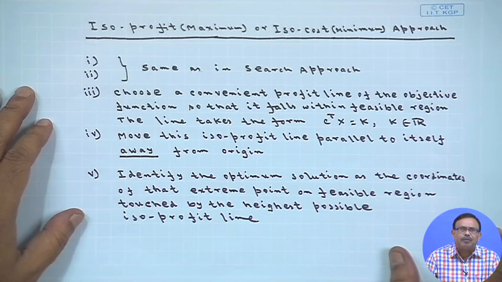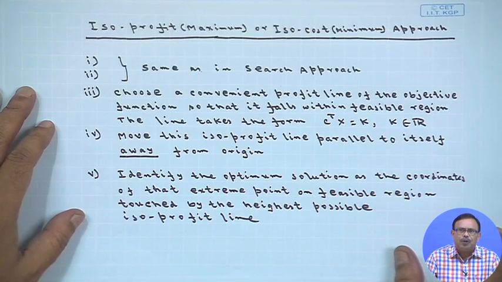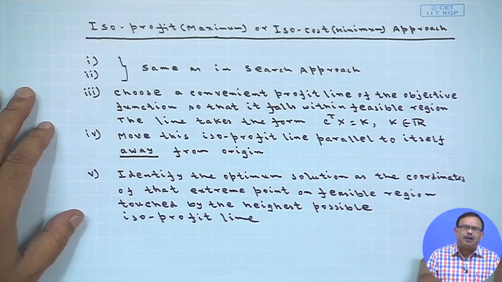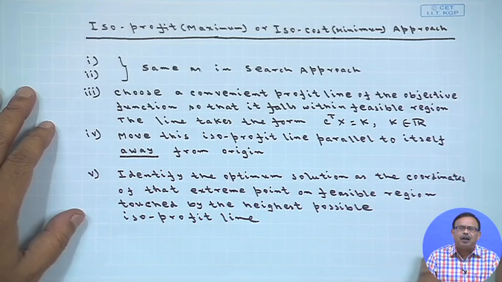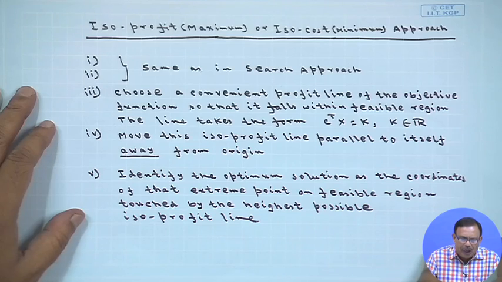First you make all the inequality constraints into equality constraints and draw the lines. For each constraint I get a line, and the intersection of those lines gives the feasible region, and from it you can calculate the extreme points also, like the others.